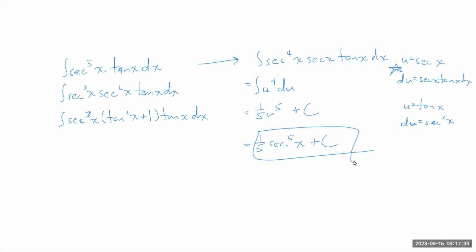I think an odd power on secant tells me that I can't get to an even power of secant, or I can't get to secant squared. But one thing I will caution you on is this: if I did secant to the fifth of x tangent squared of x, I don't actually think there's a way to do that.